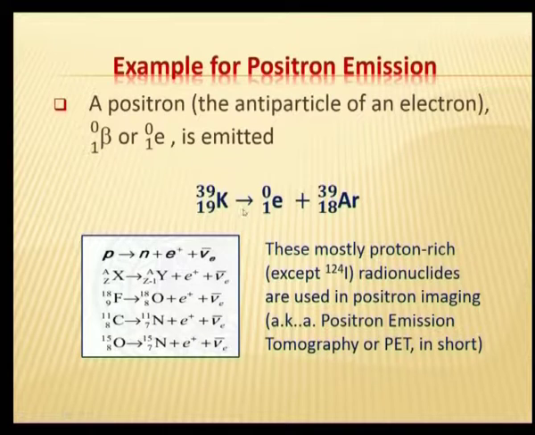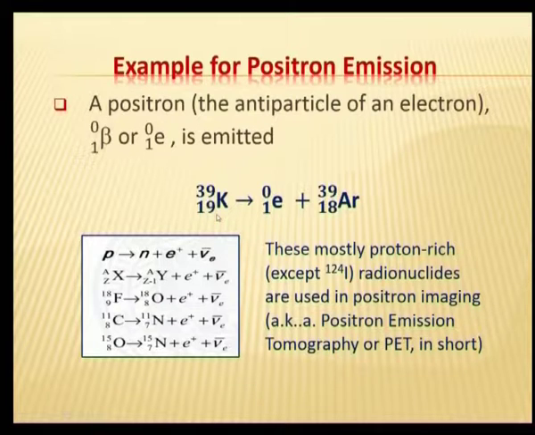Here comes another example, potassium with mass number 39 giving rise to argon with again mass number 39 and a positron. Now, with regard to charge conservation, 19 is the atomic number here, here you have 18; 18 plus 1 makes 19, and 39 plus 0 is 39. So, the mass number is to be conserved, the charge also is to be conserved.